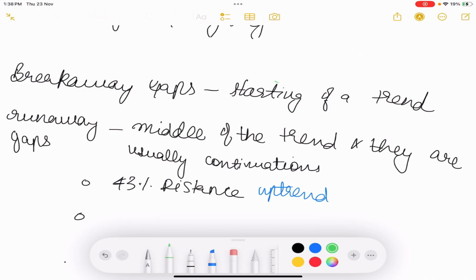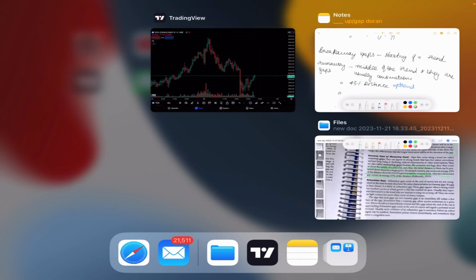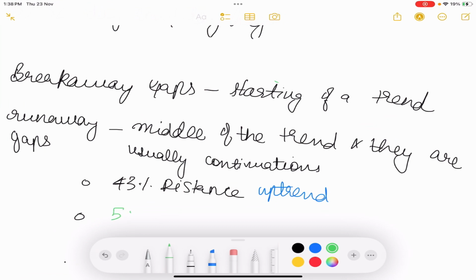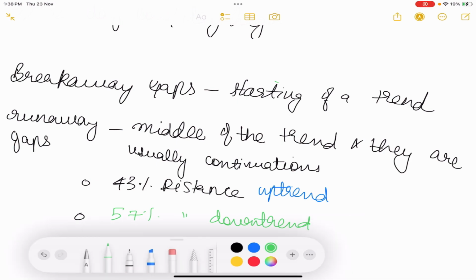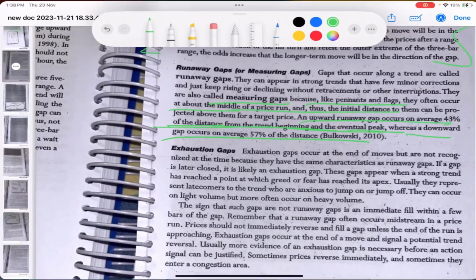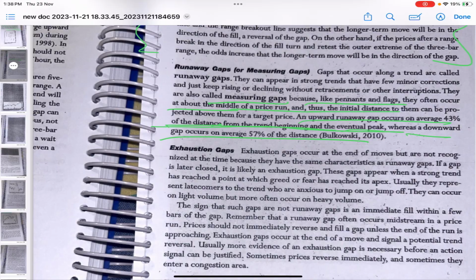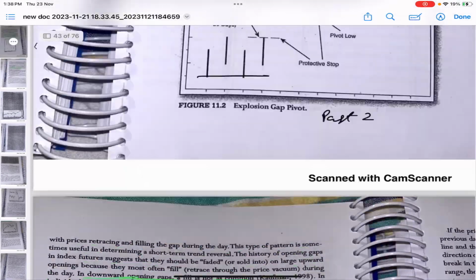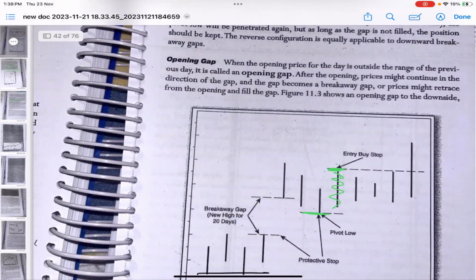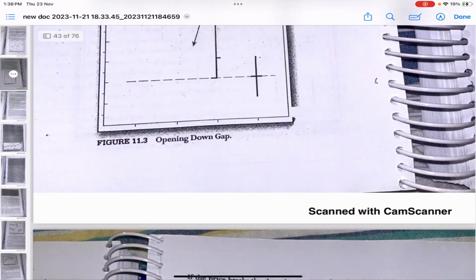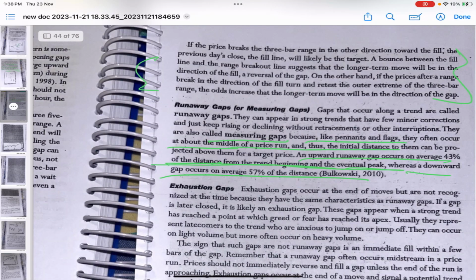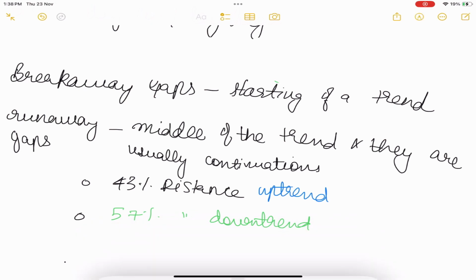Okay, 43% is for the uptrend, 57% distance is in a downtrend. So that is my runaway gaps. Runaway gaps are also known as the measuring gaps, and the opening gap is called the opening gap only.